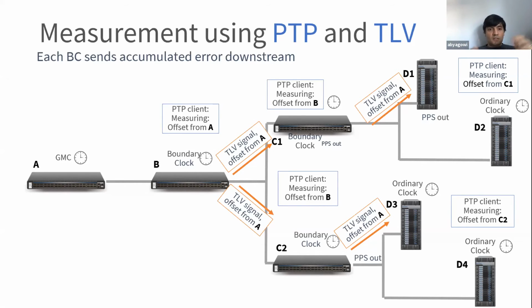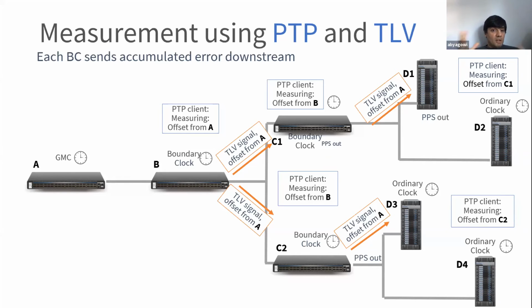Assume you have a data hall with 5,000 racks. Every rack has something between 50 to 200 machines. That puts you at 200,000 to 1 million machines, and you have one grandmaster. So option one, you have only transparent clocks. You have 200,000 to 1 million machines trying to talk to one grandmaster.